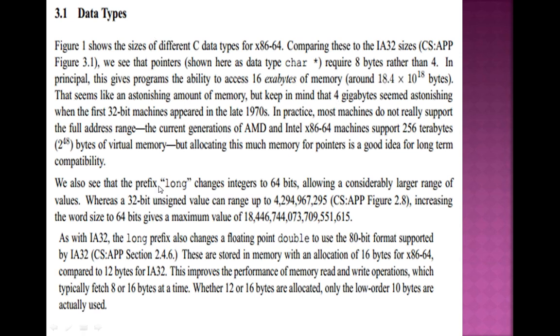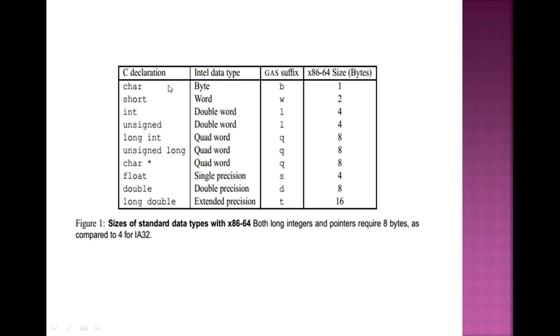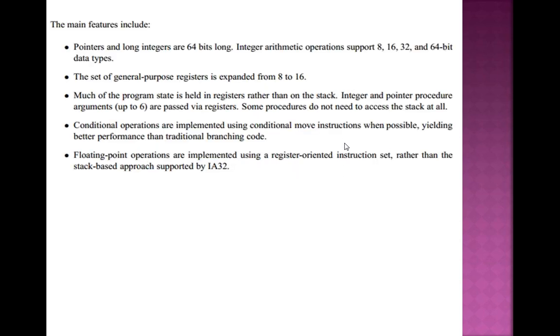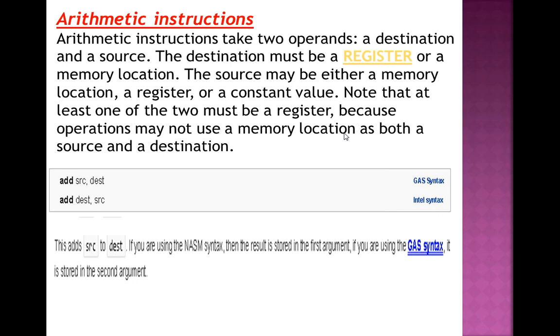Then we have discussed the registers available. Long is converted from 4 to 8, that is, it is incremented from 4 bytes to 8 bytes. Then what are the features available while using the data types? These are the multiple features.